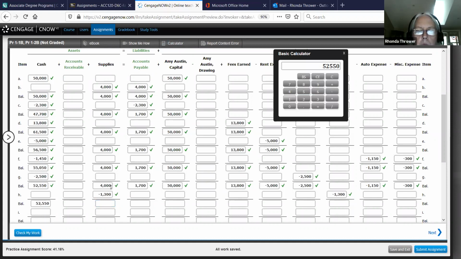You'll remember that we had supplies of $4,000 before this transaction. When we counted our supplies, we determined that we used 1,300 of those. So we're going to deduct 1,300 from those supplies, and that will leave us with a balance in the supplies at 2,700, which matches our physical count of our supplies in that transaction.